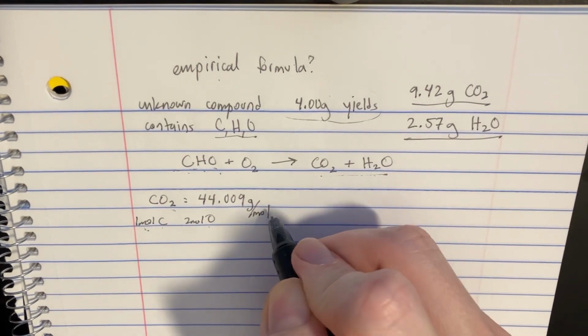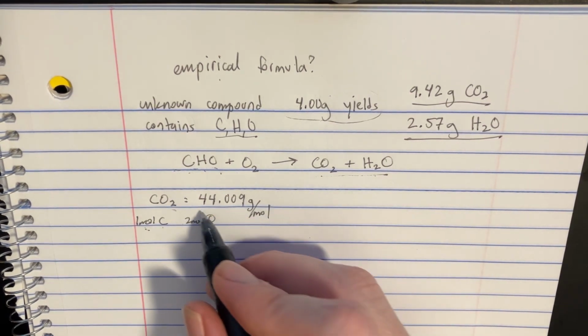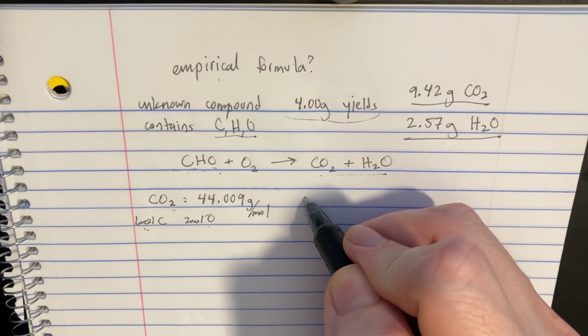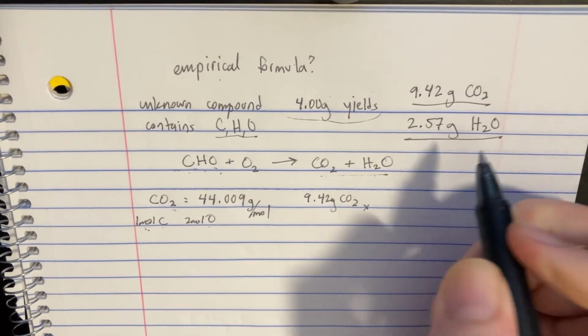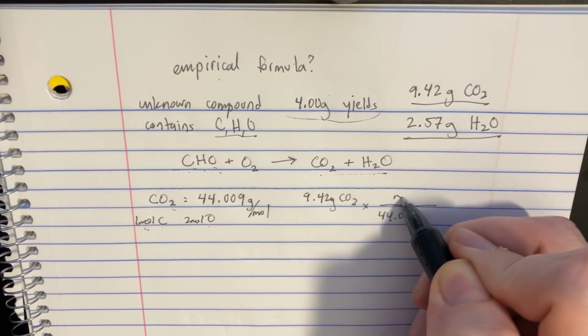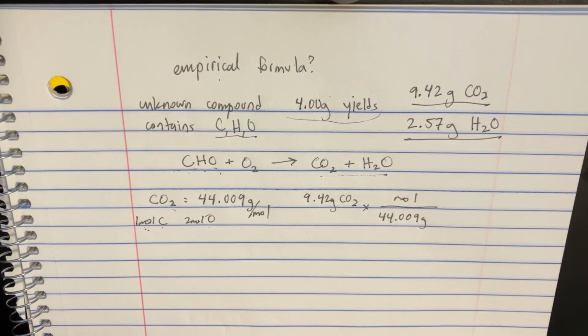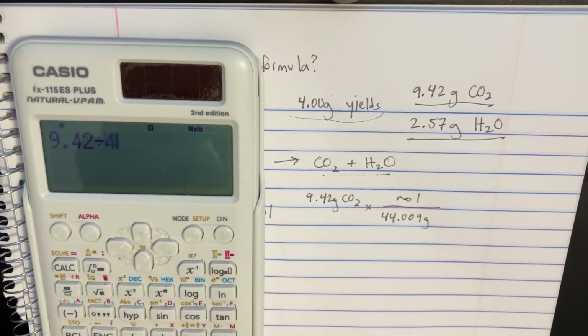So let's do that. We have the grams on top, the moles on the bottom. We're going to take our 9.42 grams of CO2 and multiply that by the 44.009, and then we're going to have the moles on top. So 9.42 divided by 44.